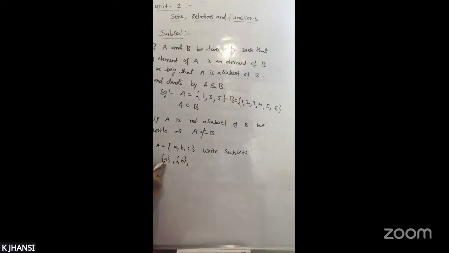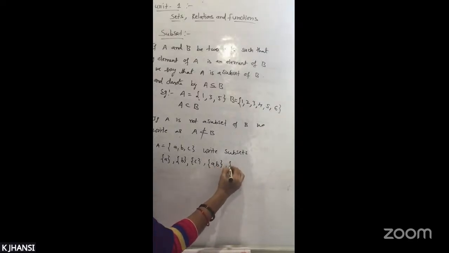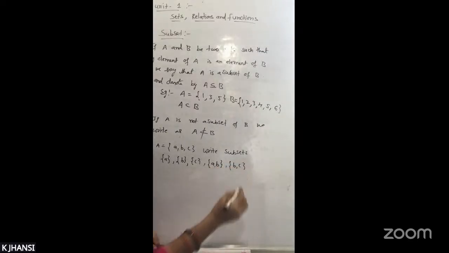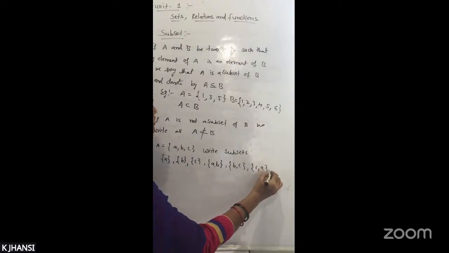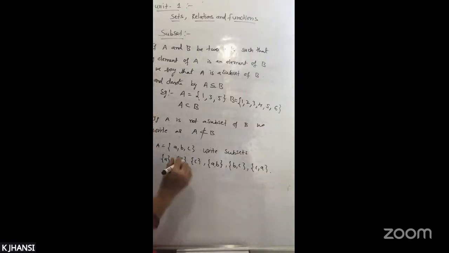This is also a subset. Next {c} is a subset of this one. Next we can write {a, b}. Okay. Next {b, c}. Next we can write {a, c}. Okay. Next, the set itself, we can write {a, b, c}.